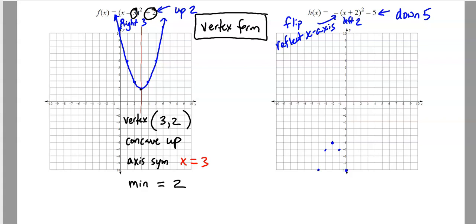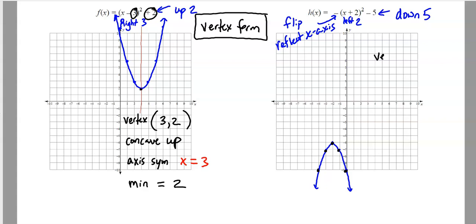And I don't have to do the 3 part because I'm going to go way off the graph. So a lot of times, really 5 points is probably enough. I just sometimes, if I can fit them on the graph, I'll do the extra mile and go a little bit further. So let's answer some questions.